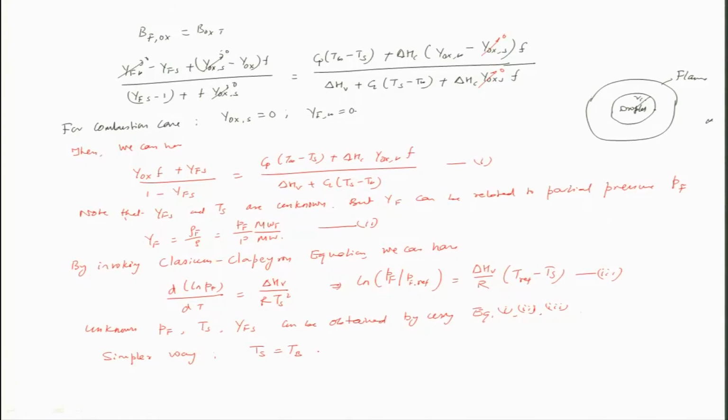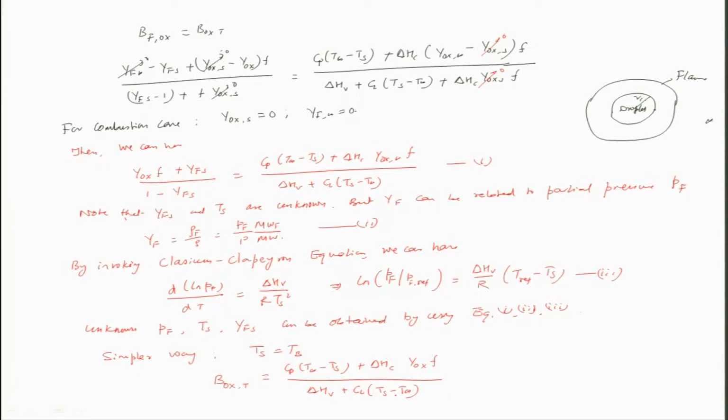And another thing I would like to draw your attention to: if let us say I take B, nothing but Cp (T infinity minus Ts) plus delta Hc Y oxygen at the surface, I can look at this term, delta Hc into F, equal to delta Hv plus Cl (Ts minus T infinity).